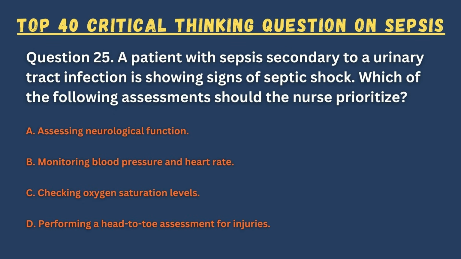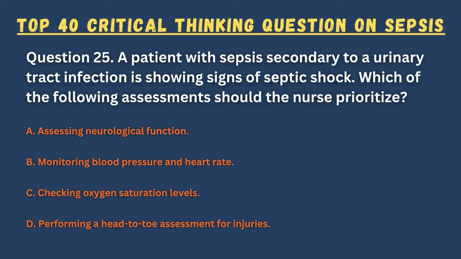Question 25. A patient with sepsis secondary to a urinary tract infection is showing signs of septic shock. Which of the following assessments should the nurse prioritize? A. Assessing neurological function. B. Monitoring blood pressure and heart rate. C. Checking oxygen saturation levels.